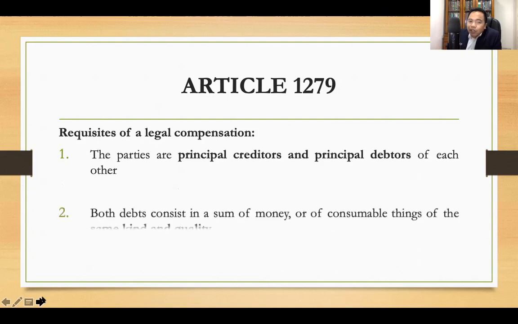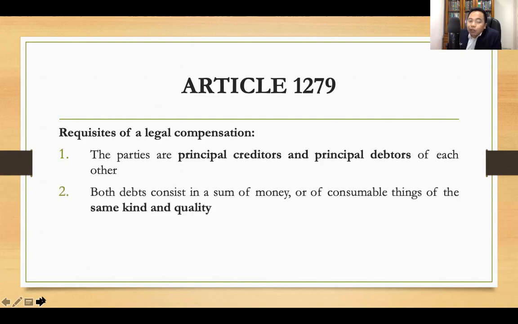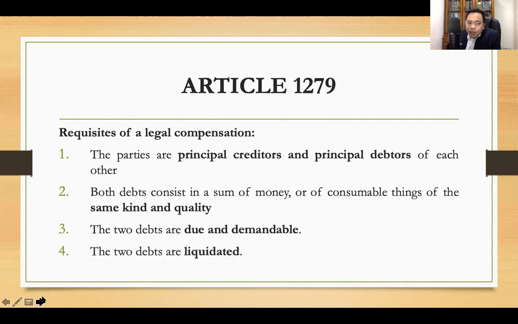Memorize the requisites of Article 1279 on legal compensation. Memorize, memorize, memorize. Always been the topic of exams. What are the requisites of legal compensation? Number 1, the parties are principal creditors and principal debtors of each other.